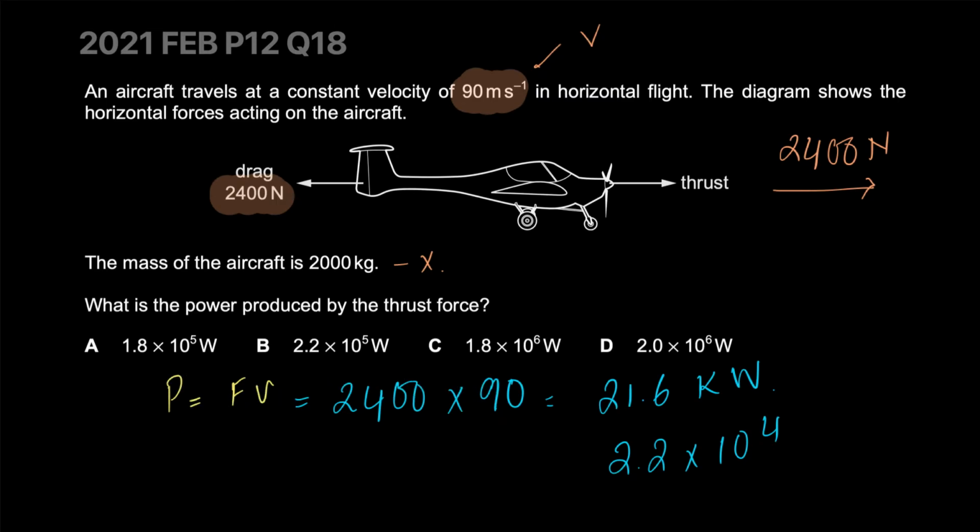I made a mistake. I'm actually getting 216, so this dot is not really here. So that makes sense now. So over here, I should be getting 2.2 times 10 to the power 5, right? An exact value. That's cool. B is our answer. The correct answer is B.